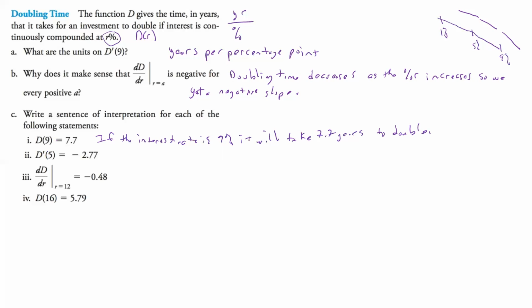Now, what does this one say? Well, this one is going to be that instantaneous rate. So 5%, good thing I picked that. And so we're going to get a slope, and that slope is a negative 2.77.